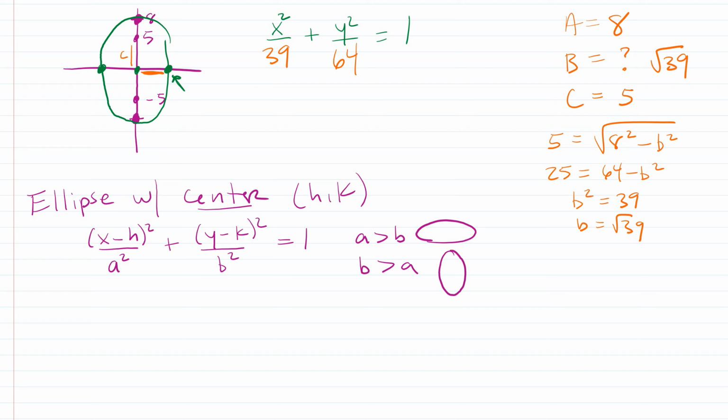All that means is the bigger number under the x goes along the x-axis, the bigger number under the y goes along the y-axis. Okay?